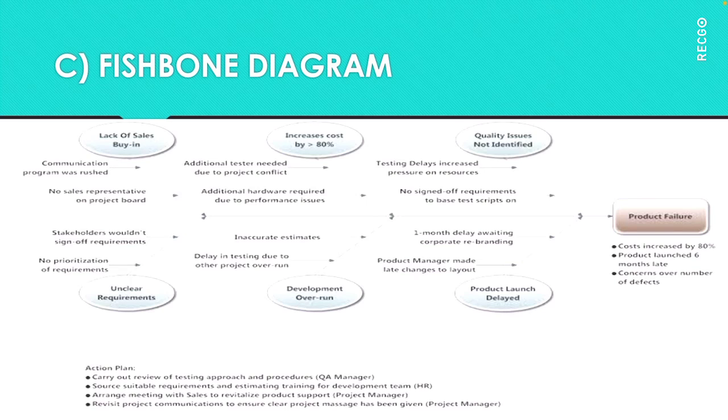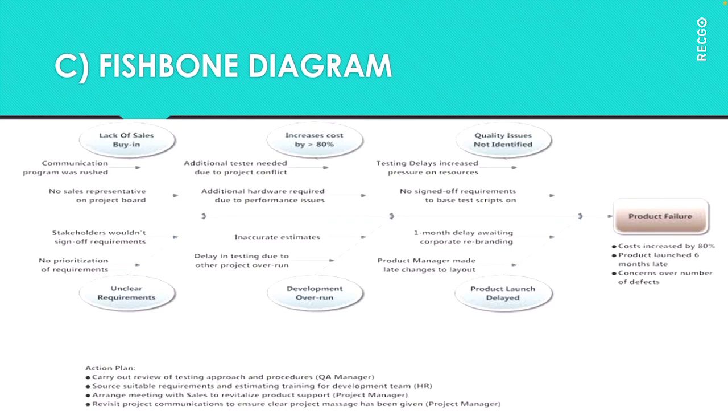Okay, so what does this diagram include? As they have mentioned here, the box on the right of the flip chart or large whiteboard, with statements like lack of sales buy-in, increased cost by 80%, quality issues not identified, under requirements, development overrun, and the product launch.